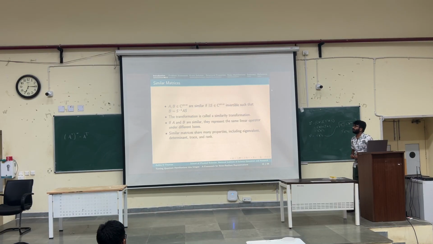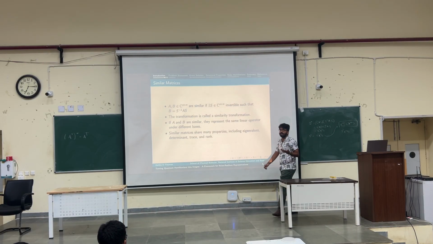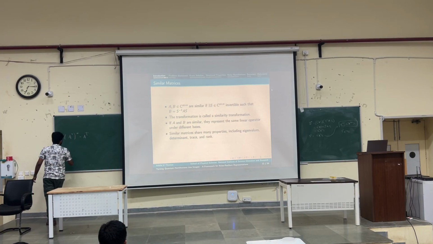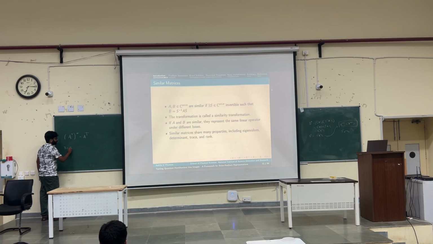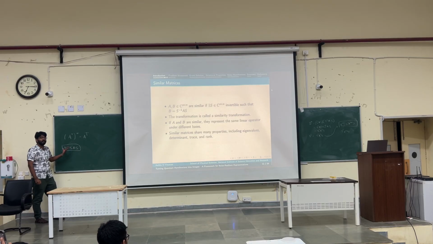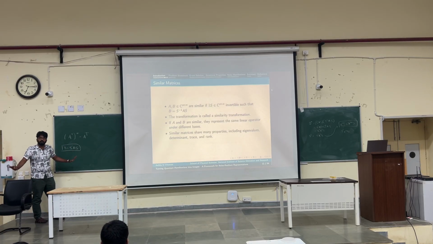So let me define similar matrices. Two matrices A and B are similar if there exists an invertible matrix S such that B is S inverse AS. So we say that these two matrices A and B are similar if there exists such an invertible S. Simple.